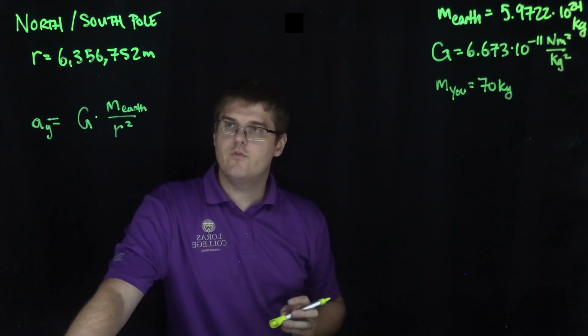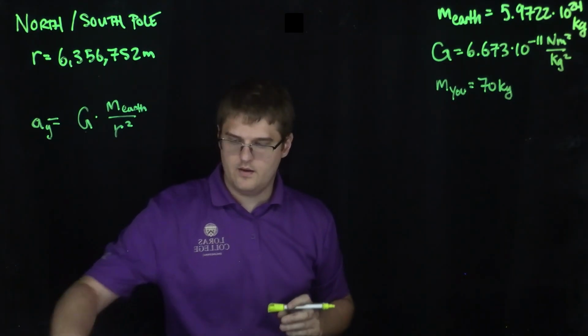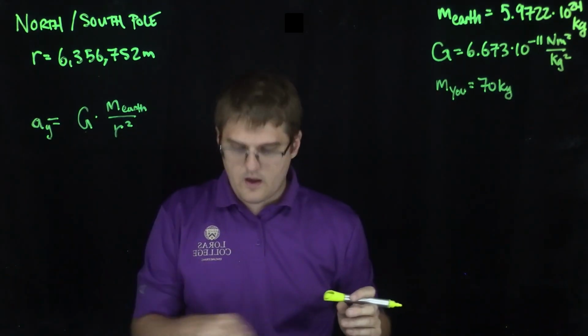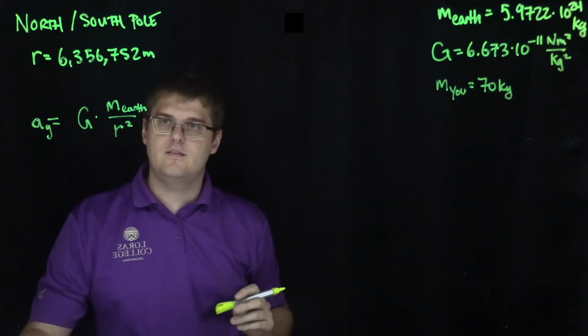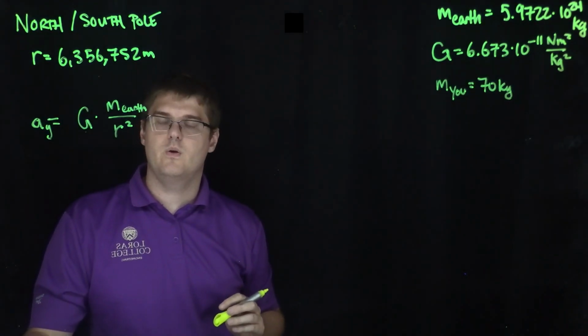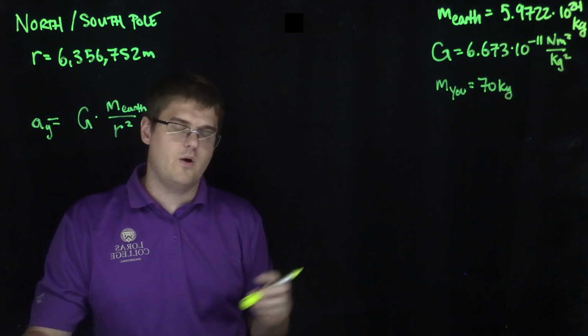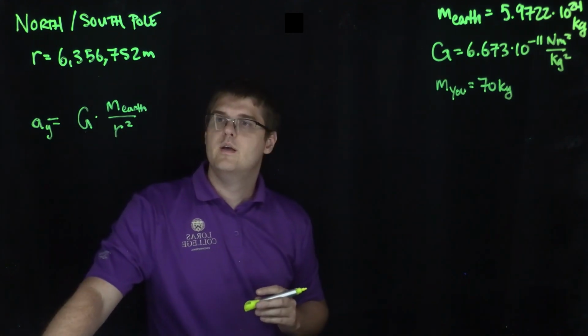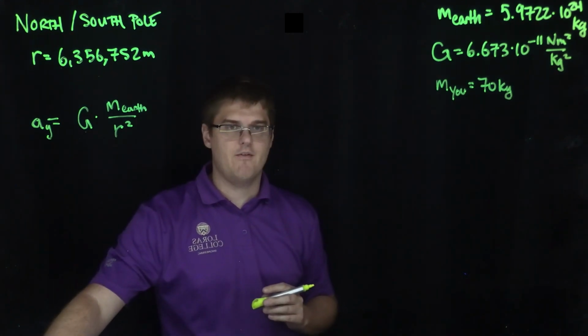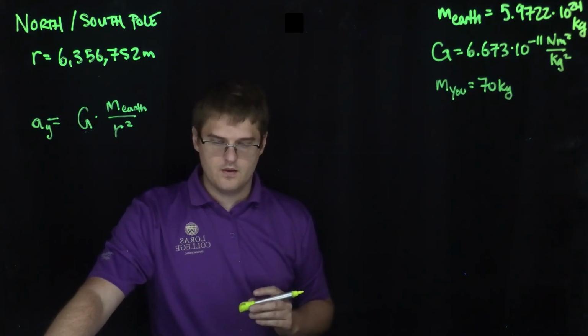I do want to be careful with the fact that I am calling this R. This is a distance from the center. So it's the radius of the Earth, but it's the distance you are from the center of that piece. Please don't go trying to have things because of that.